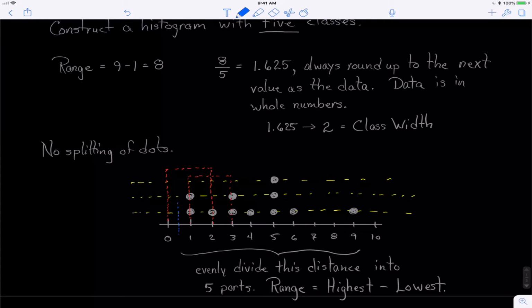So we're going to make a bin that goes from 0.5. Now if we go 2 units above that, here's 1, and then there's 2 units. Notice no dots have been hurt in the production of this video. And then if we start at the 2.5 and we continue again over, there's 2 more units, and that's going to put us at 4.5. Again, no dots were split.